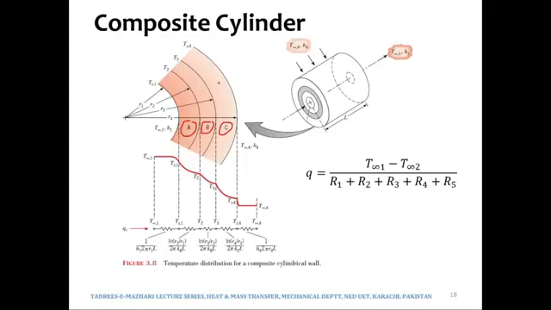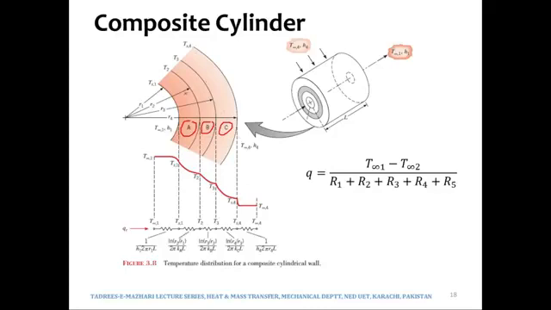The inner surface of the pipe is at TS1, at the interface of A and B the temperature is T2, at the interface between B and C the temperature is T3, and at the outer surface of the cylinder, the temperature is TS4. Between TS4 and the outer air at T infinity 4 there would be convection, and the convection coefficient between the two is given as h4.